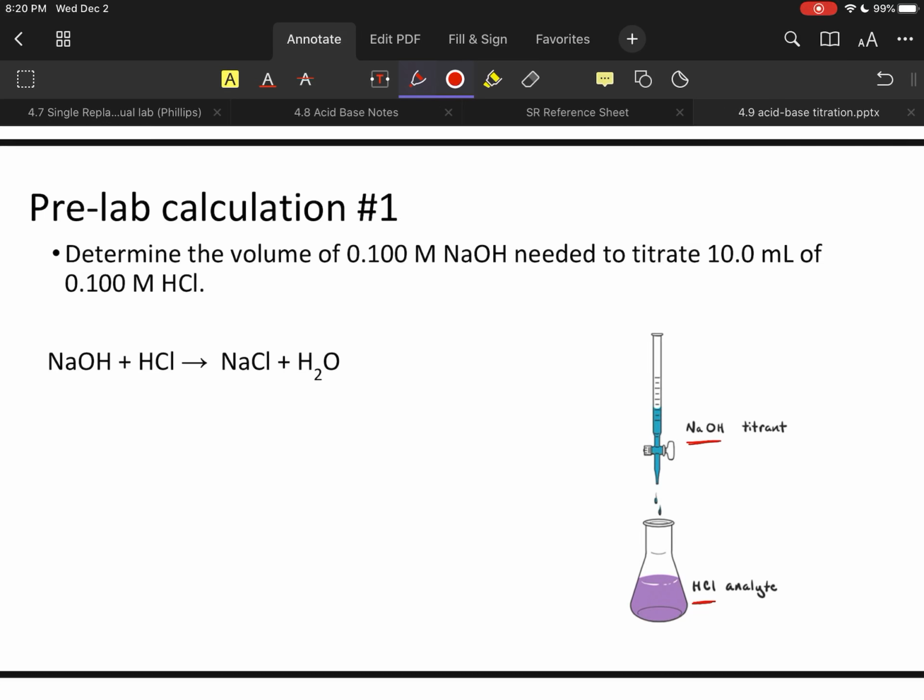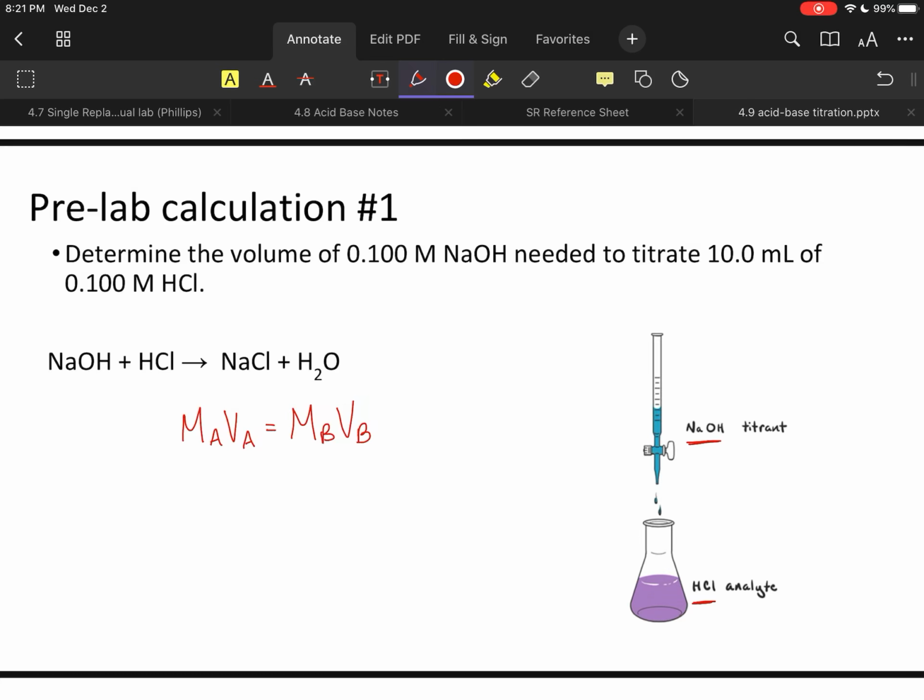This time it's asking, what's the volume of 0.1 molar sodium hydroxide, NaOH, needed to titrate 10 milliliters of 0.1 molar HCl? So all I have to do is plug into my formula, this is the formula from above.